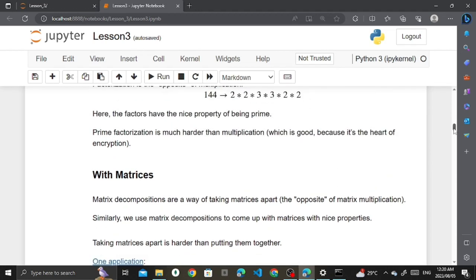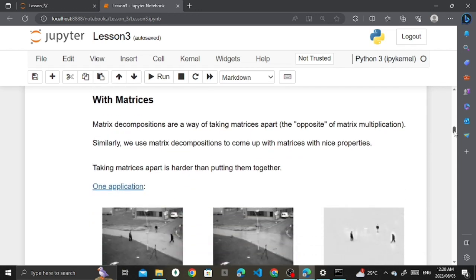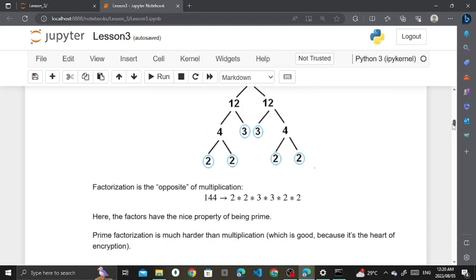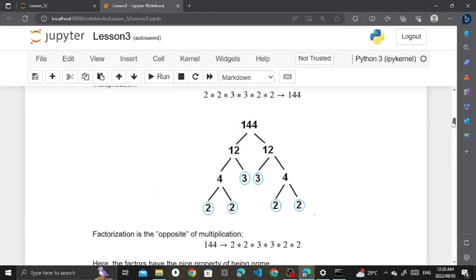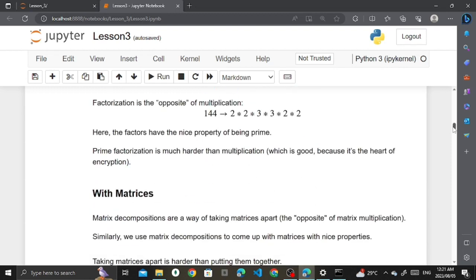Matrix decomposition is a way of taking matrices apart, and it's the opposite of matrix multiplication, or in some cases matrix addition. As with 144 not being prime but having the nice property of being represented through primes, the same thing is going on with matrix decomposition.